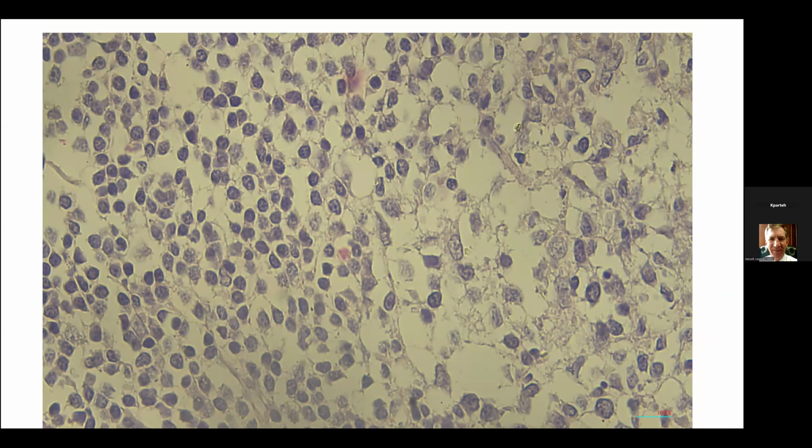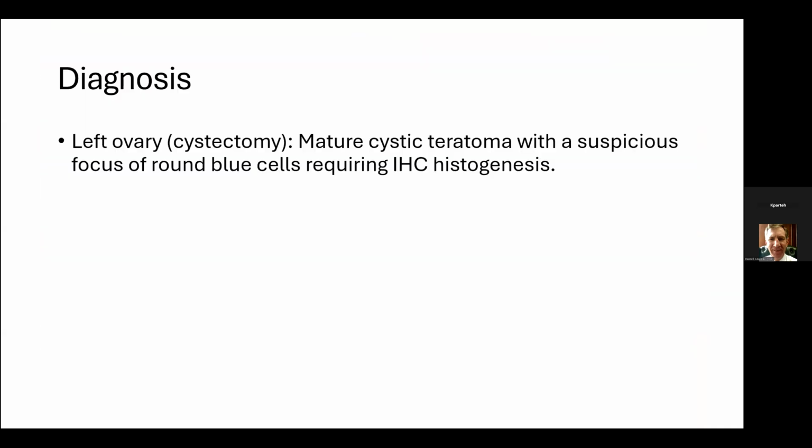So after thoroughly examining, I reported it as a mature cystic teratoma with a suspicious focus of round blue cells, for which I required IHC for histogenesis. That was the report I sent, and then I had a discussion with the gynecologist, and told him that this is what I had predominantly.